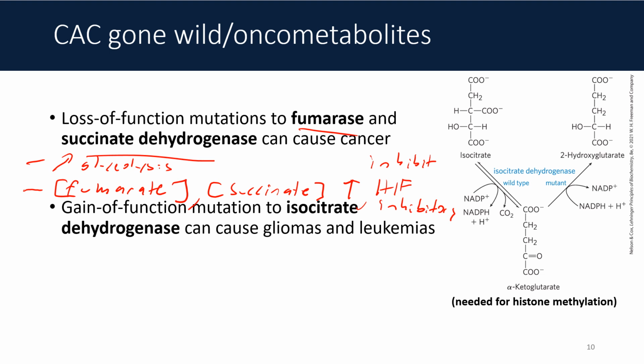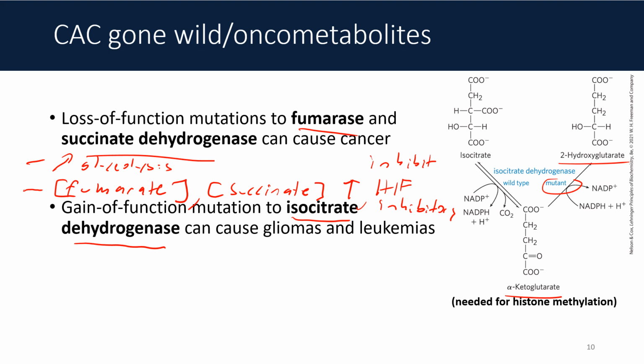Now, likewise, certain cancers actually employ a gain of function mutation specifically in the enzyme isocitrate dehydrogenase. And this is really insidious. What it's going to do is change its functionality so that it converts alpha-ketoglutarate into not isocitrate, but this other substrate called 2-hydroxyglutarate.